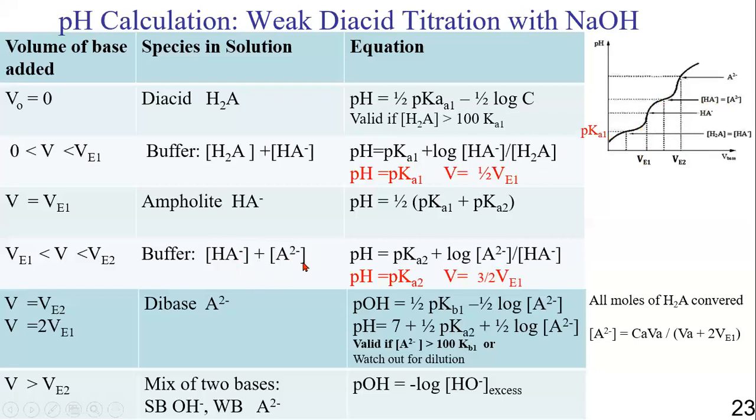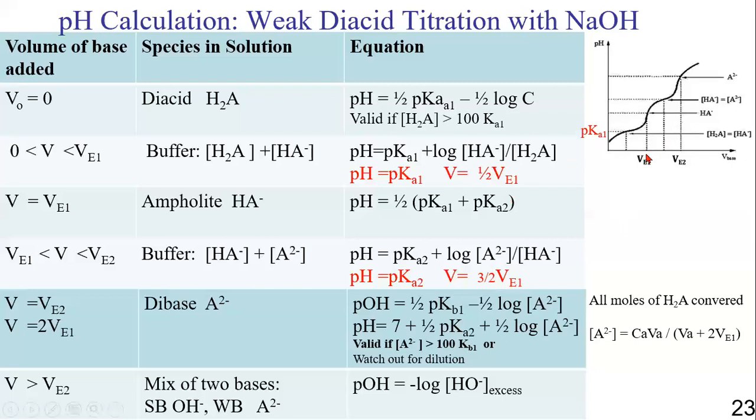We have both of these species. At a particular value, which is 3 divided by 2 V equivalence 1, look at this. If this is half equivalence, and this is the equivalence, and this is another half equivalence, so this is 3 half equivalence points.